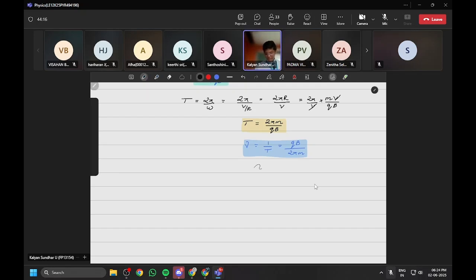And your angular frequency, omega, will be equal to 2πν. Correct? 2π by T, and 1 by T is ν. So this will be your angular frequency. The 2π gets cancelled, so it will be qB by m.